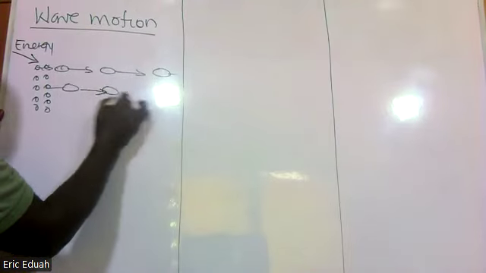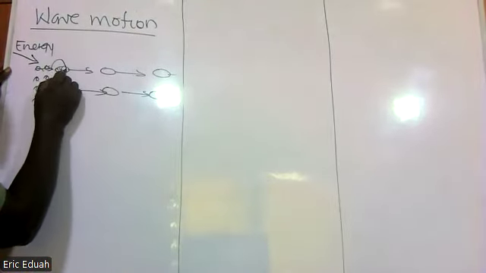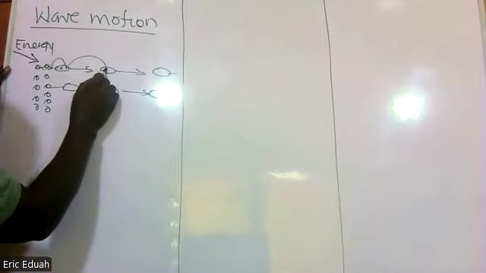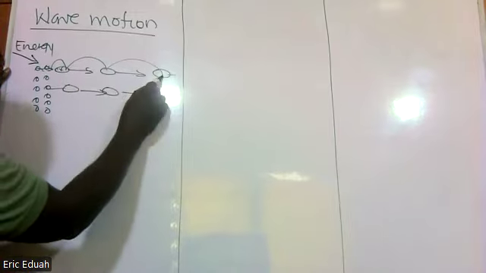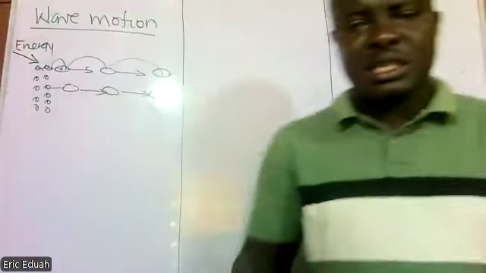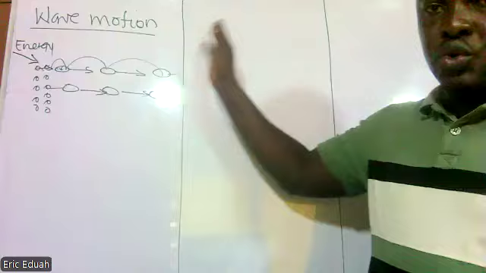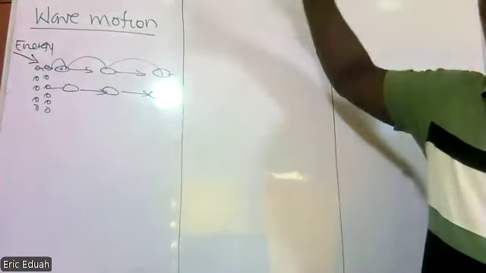So waves are a traveling disturbance from one particle to another particle, on and on. But this traveling disturbance is the result of energy being transferred from one point to another point indefinitely.